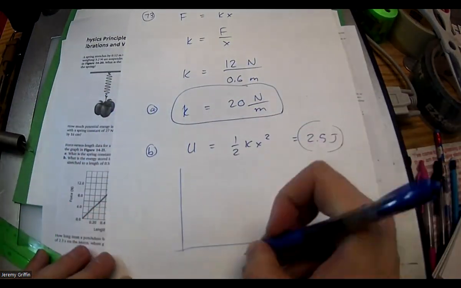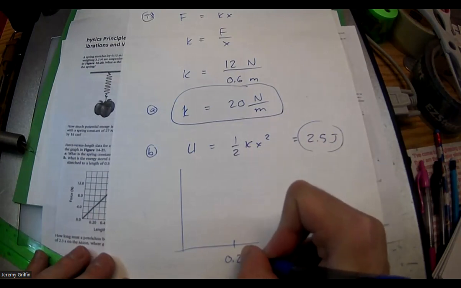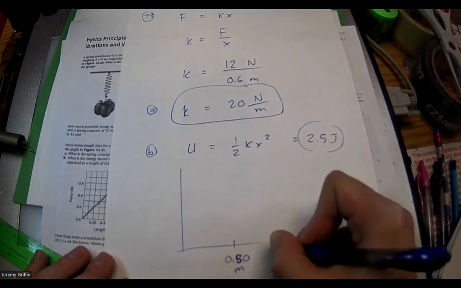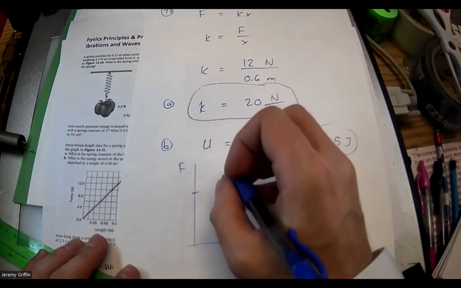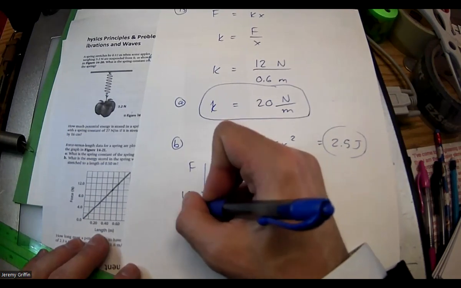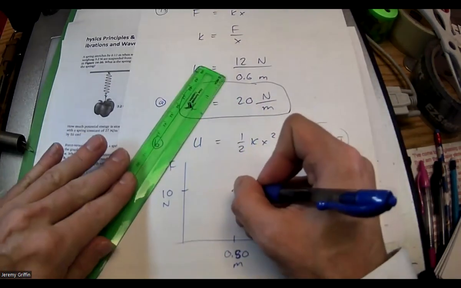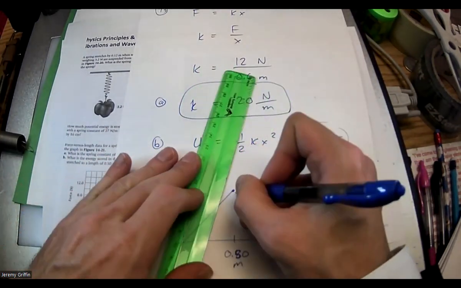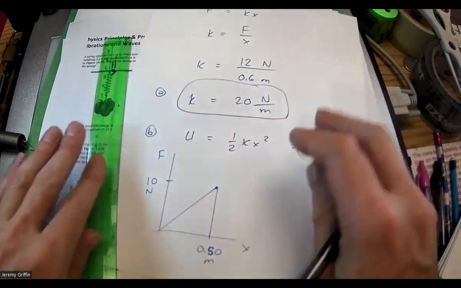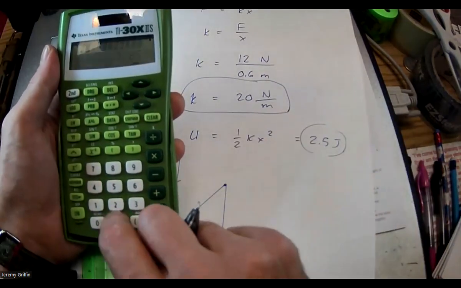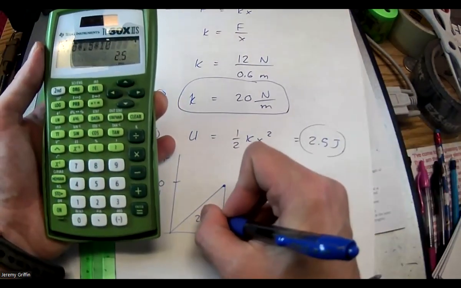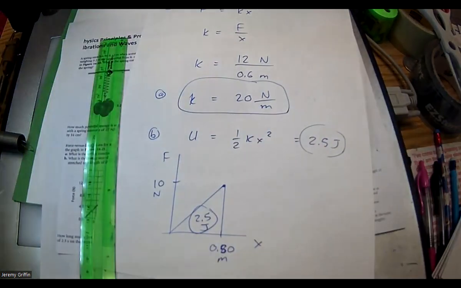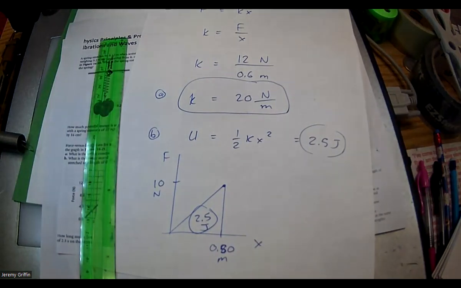So you get 0.50 meters, and that's 10 newtons at that point. Bam, right there. So the area of that triangle, let's make sure: 1/2 times base times height. Yep, that's also 2.5 joules of energy stored in that spring. Two different ways to do it.